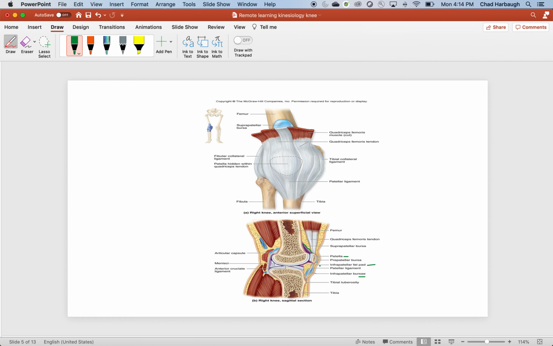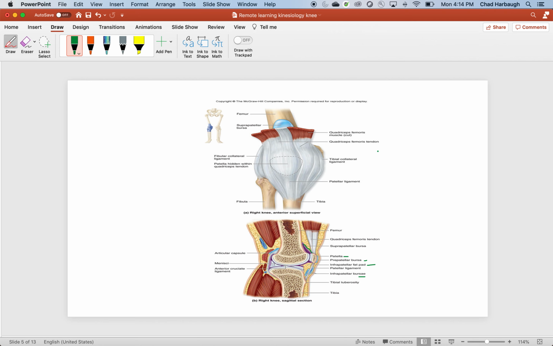The primary ones are going to be located more in the anterior surface, so around the movable part of the patella. So we have the prepatellar bursa, the infrapatellar bursae, which is below. But we also have bursae located in the back where we see the gastrocnemius connecting into the femur on the posterior surface.